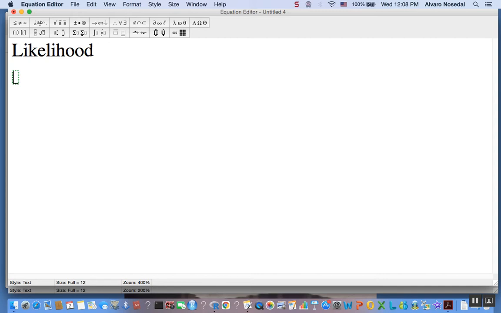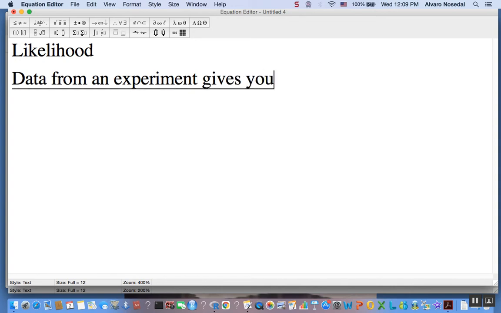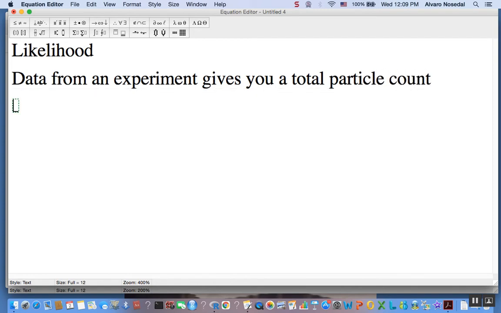Now imagine that in this particular case, data from an experiment gives you a total particle count, and let me use this y1 plus y2 up to y6.